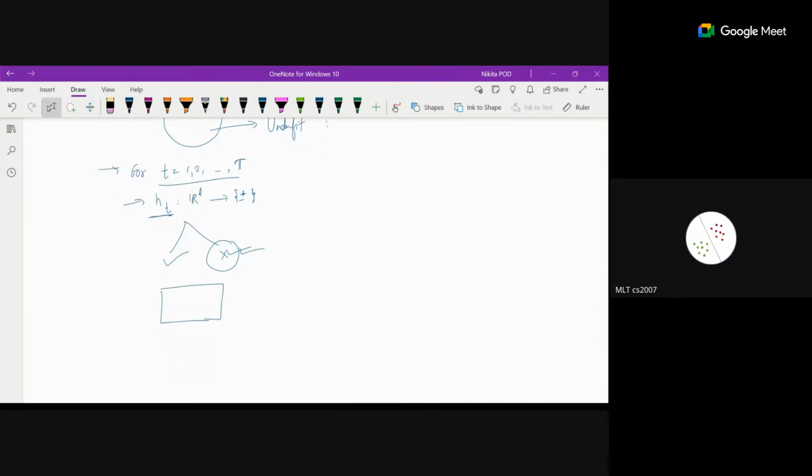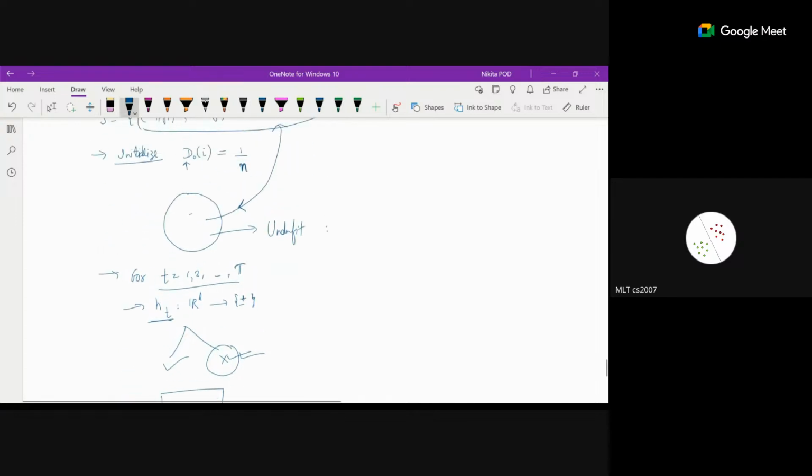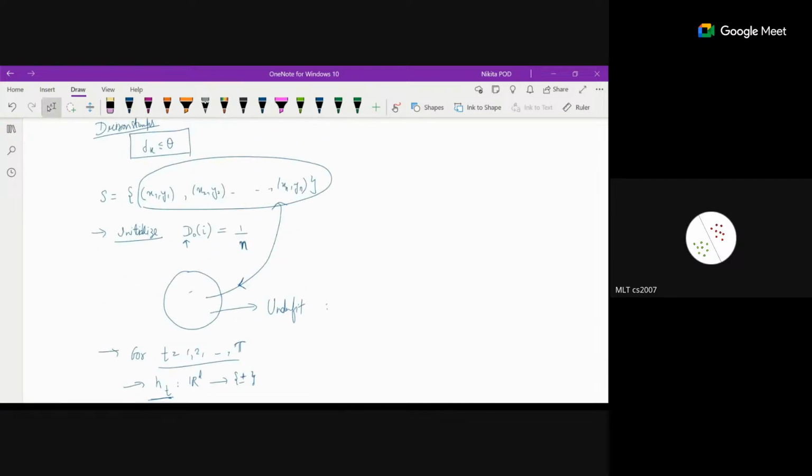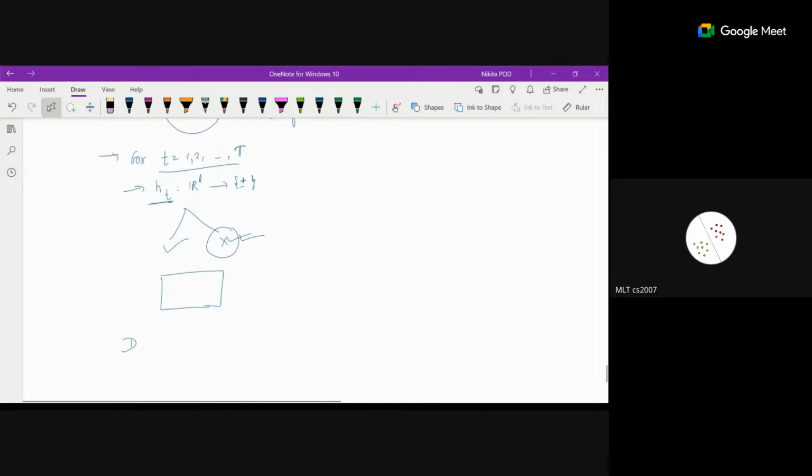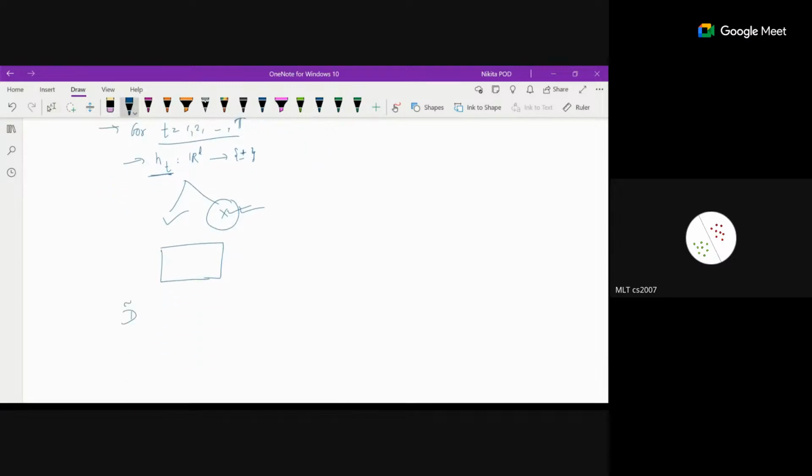And the way we give those weights, I mean the distribution for the data points, is going to be, let's say, D tilde t+1 of i for the data point. This t+1 shows the t+1 iteration.